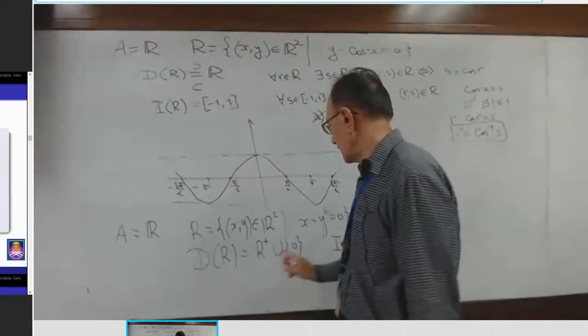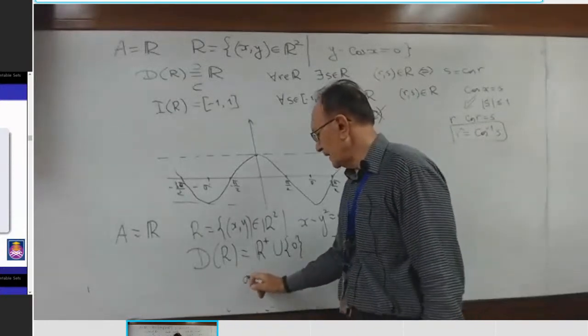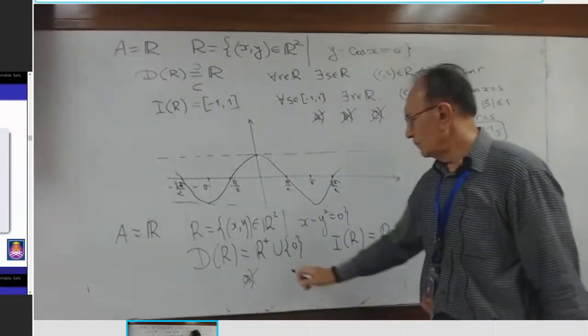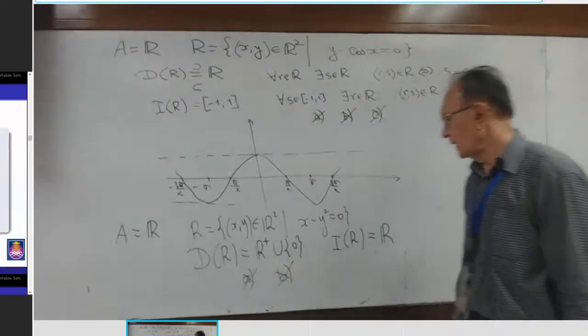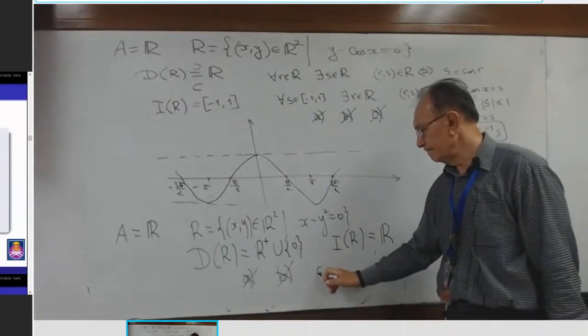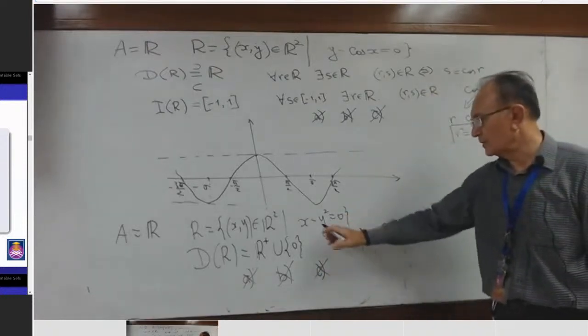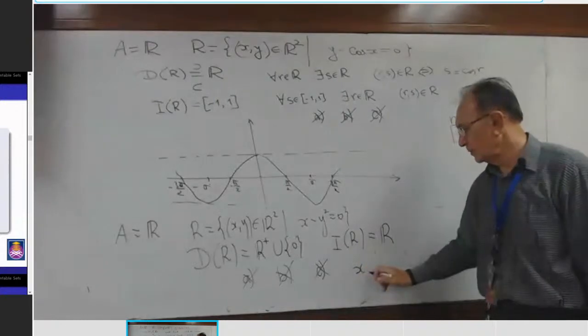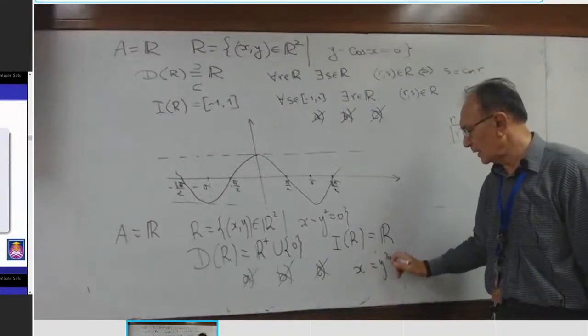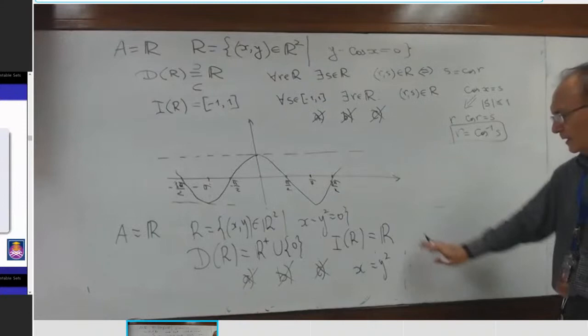Here again, you can check. Reflexivity doesn't hold, symmetry also doesn't hold, and transitivity also doesn't hold. What does transitivity mean? It means x is y squared, and y is z squared. Then you can see x is z to the 4th, not z squared.